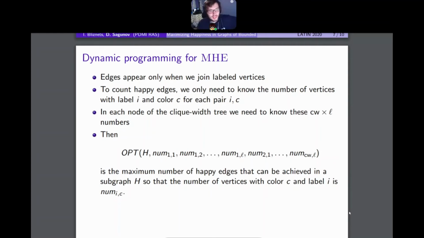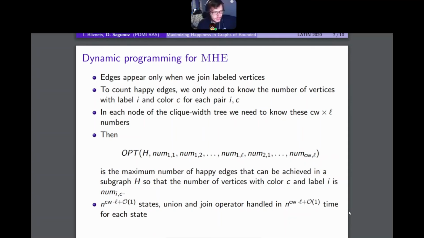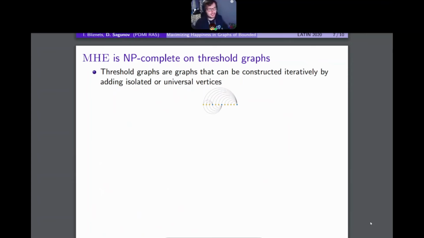We maximize the number of happy edges, given the number of vertices of each label and each color. So we obtain n raised to clique-width multiplied by L states. And in total, with all transitions, we achieve this running time. This is quite simple, because when we join, we need to multiply some numbers. This is really easy.